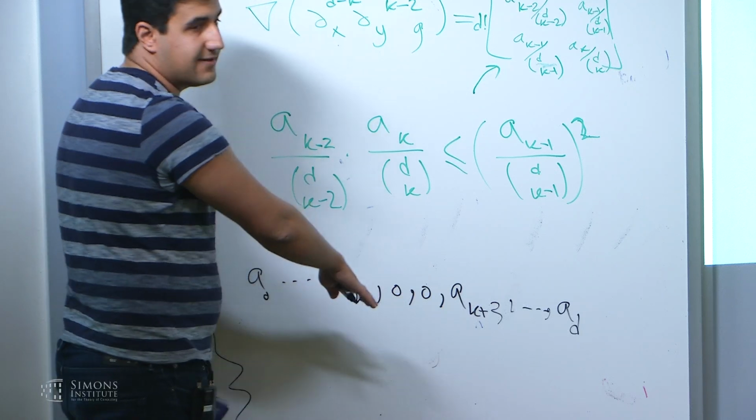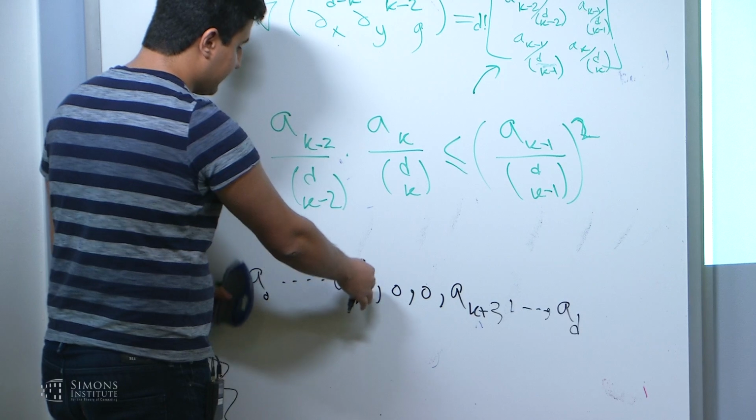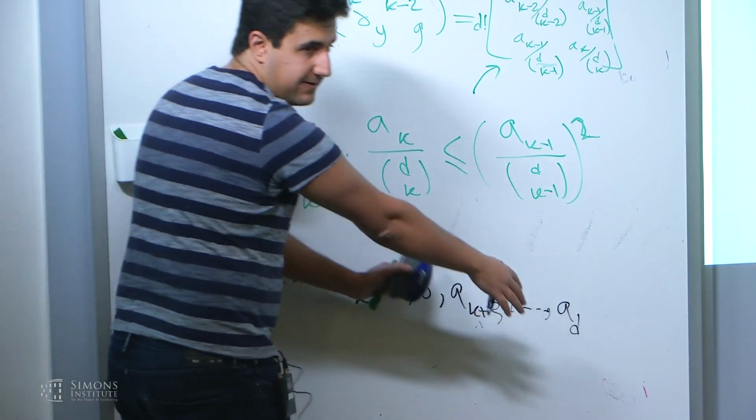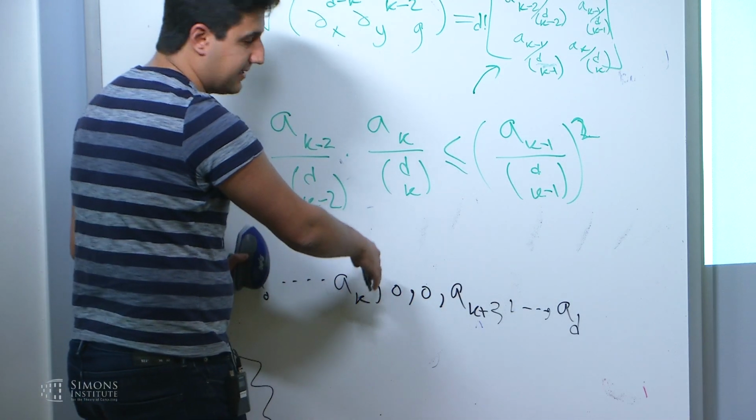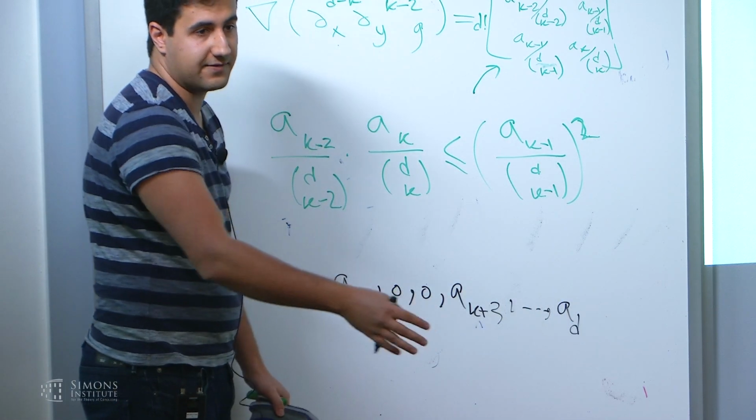But you're not generally considering this log-concave because really it's composed of two separate log-concave sequences. One is the first one before the first zero, and the other one is the one after the second zero.